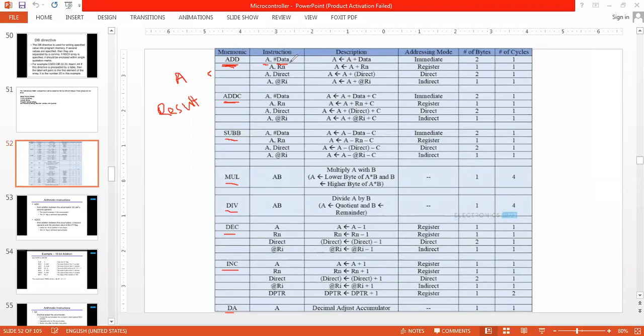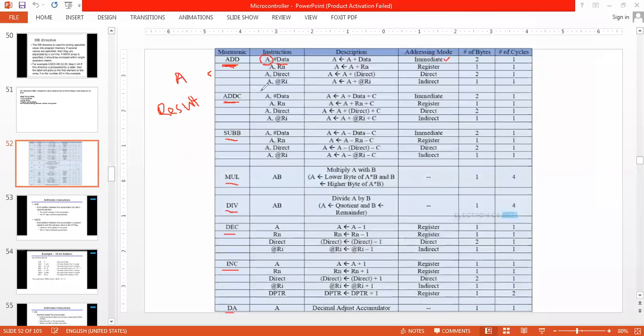We have seen hash immediate, and this is the immediate addressing mode. So what will happen? The data and the content of the A register are added, and the result is written again into the A register only.